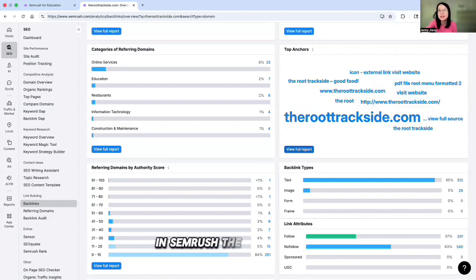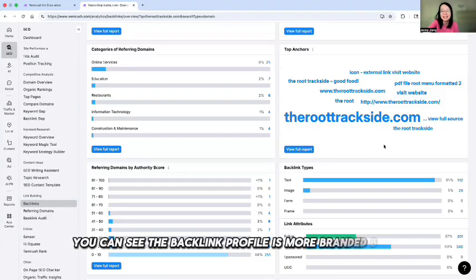In Semrush, the top anchors shows the most common anchor text used when other websites link to the site. In other words, how do other websites describe the site when they link to it? When you look at those anchor text, you can see the backlink profile is more branded based than keyword based.